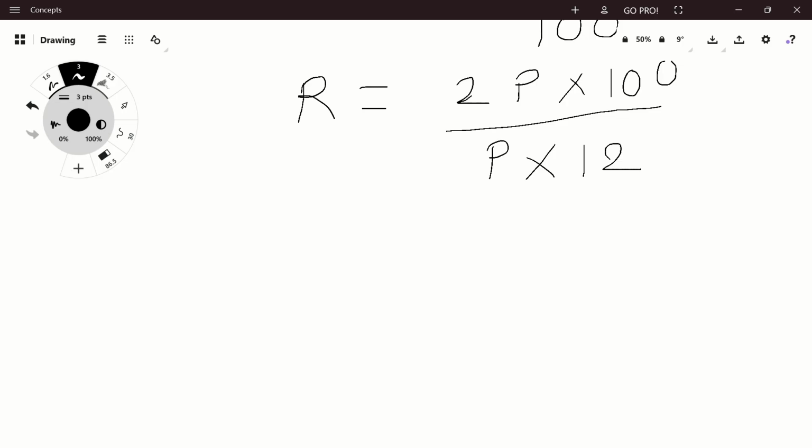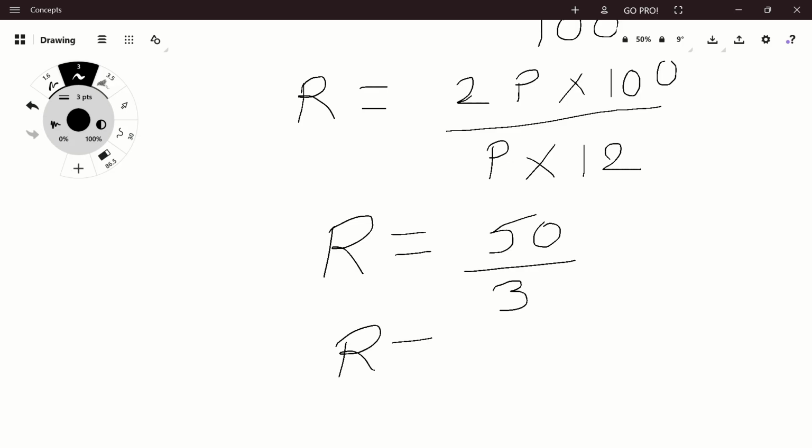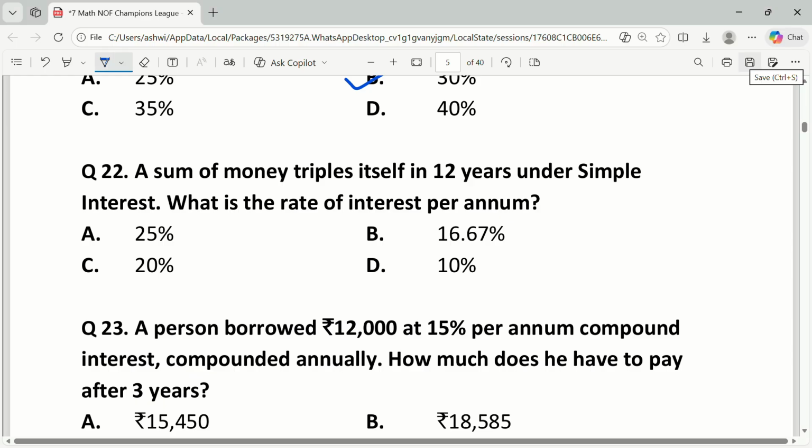Now, solving R, we get 50 by 3, which makes R equivalent to 16.67%. Comparing with the options given, the answer is B.